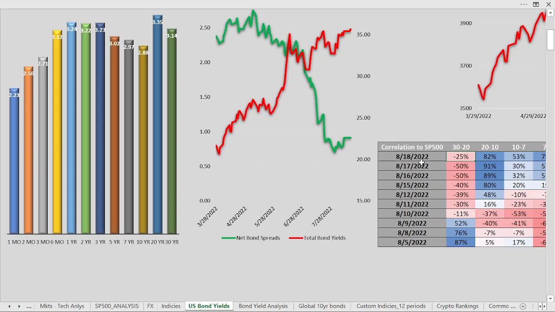At one point, there was quite a strong correlation going back to early August between the 30-20-year spread and the S&P 500. That correlation has dissipated. However, around almost exactly the same period of time, a new correlation has emerged between the 20-10 spread, the spread between the yields of the 20 and 10-year maturity bonds.